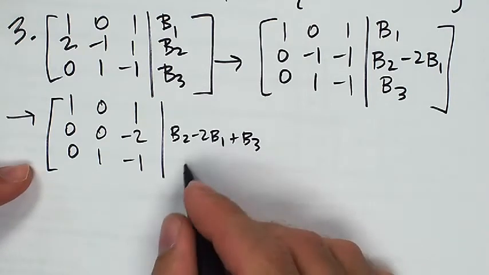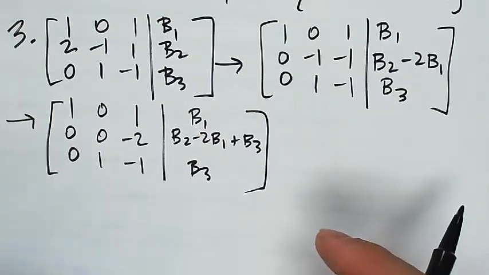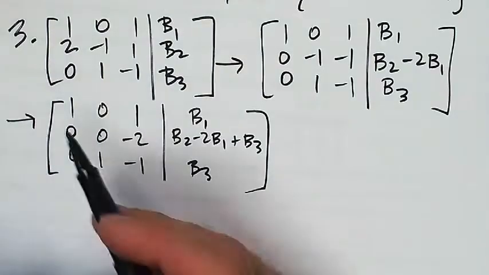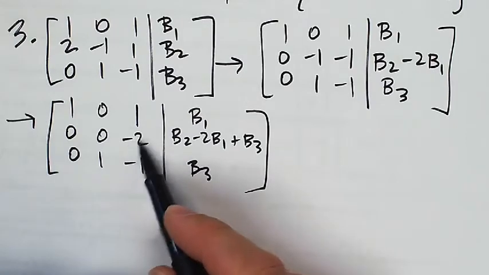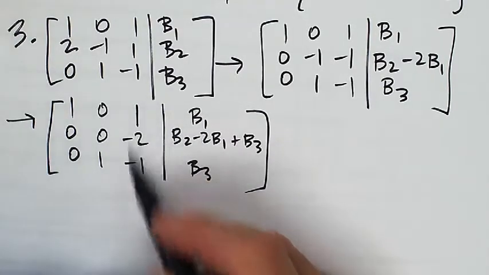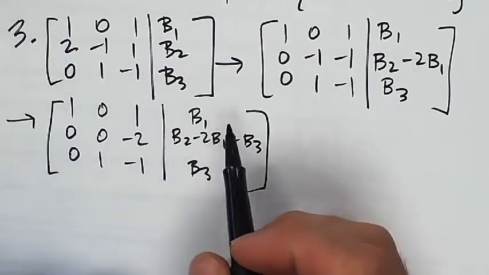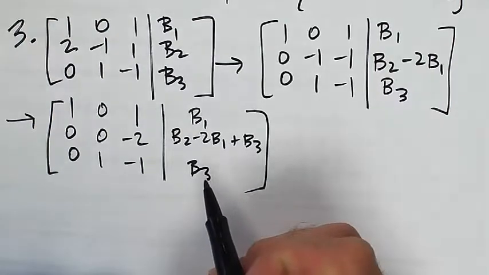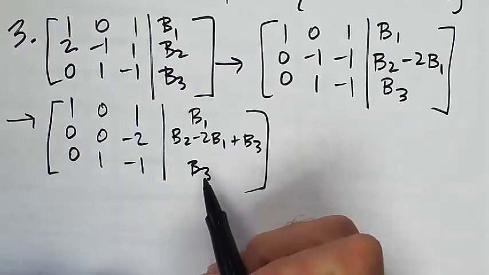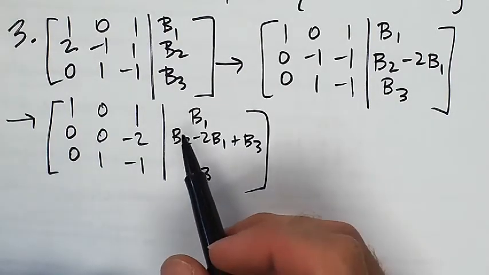What did I do here? Yeah, that's unchanged. That's b1. Now, at this point, I can see, I'm not sure if you can see it, that I'm going to be able to divide this by negative 2, use that to clear out the rest of that column, and I will have a unique answer in terms of b1, b2, and b3 for all 3 slots. Which means to me that the range is going to be all of R3.